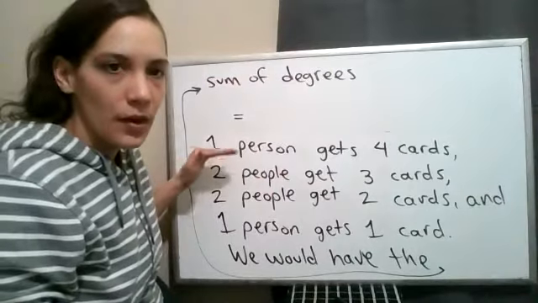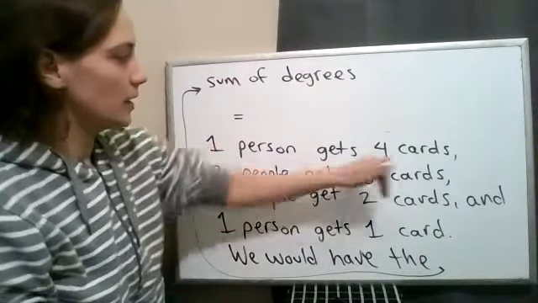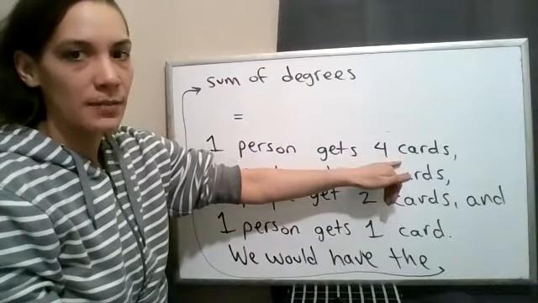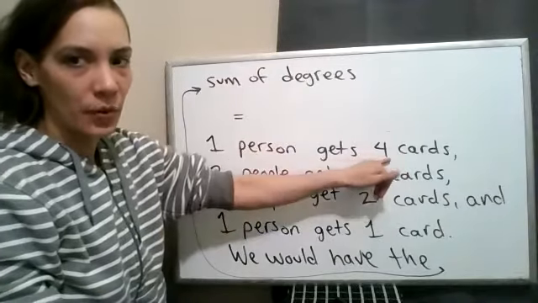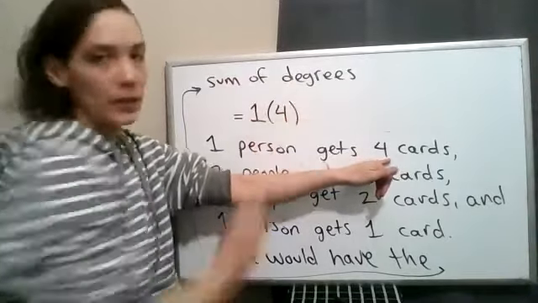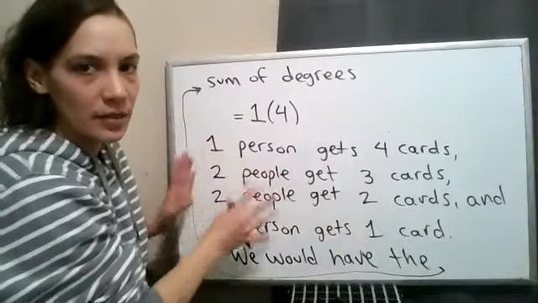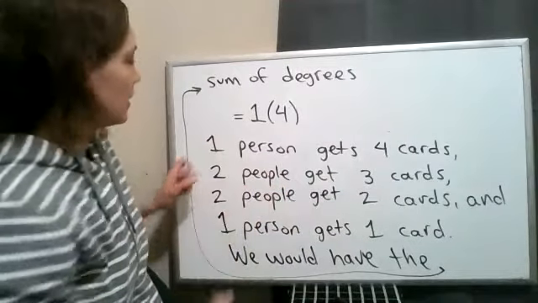So I have 1 times 4. So 1 person has 4 cards, means there's 1 vertex with degree 4. And once we get all the information here, we'll erase and label where all those numbers are coming from.